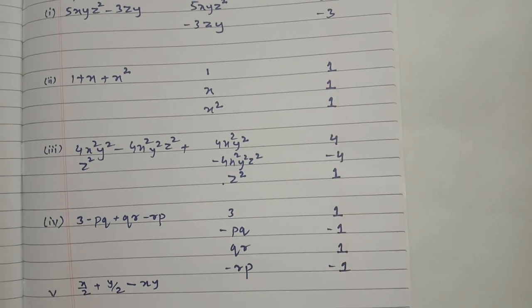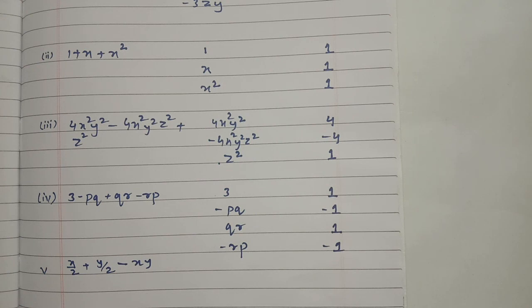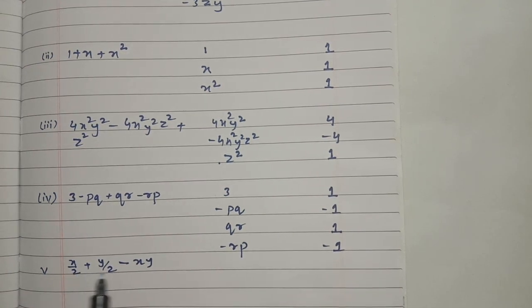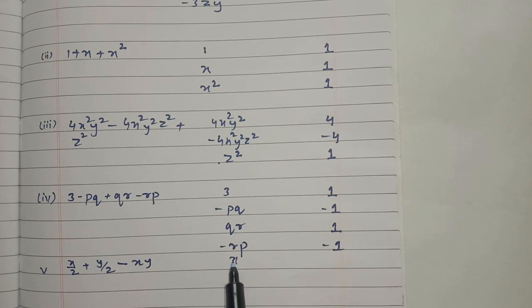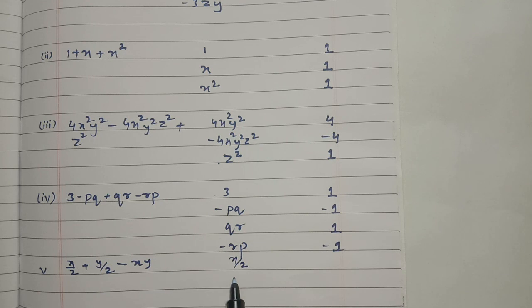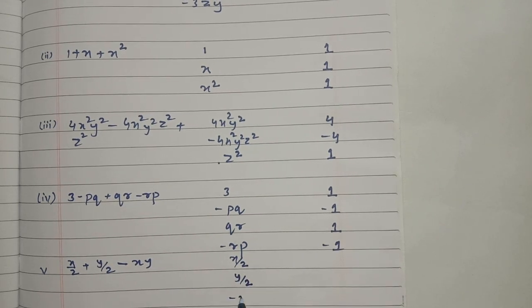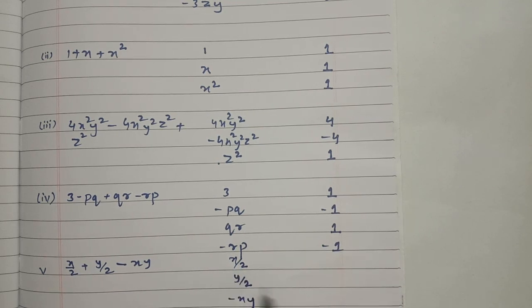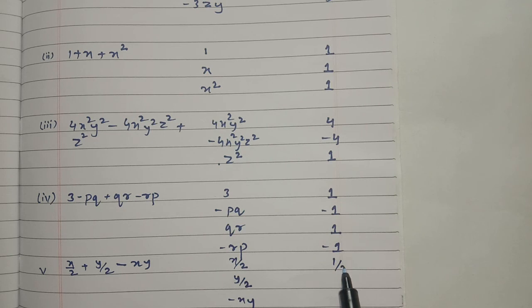Now the fifth question is, student, 3 terms are there. First term is x by 2. Second term is y by 2. And third term is -xy. Here the coefficient of x is 1 by 2.